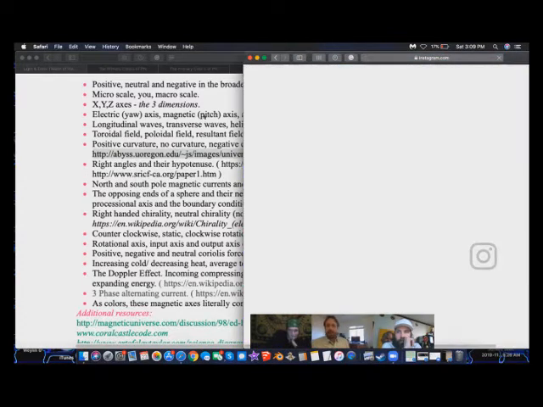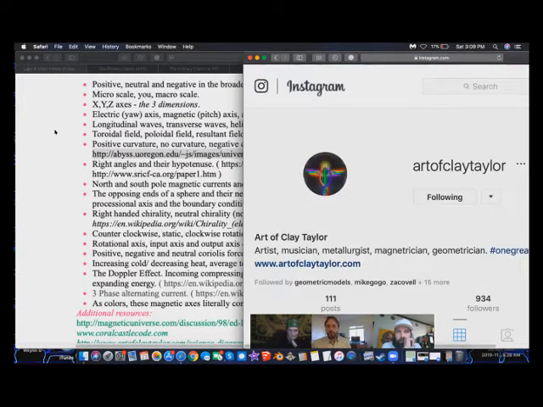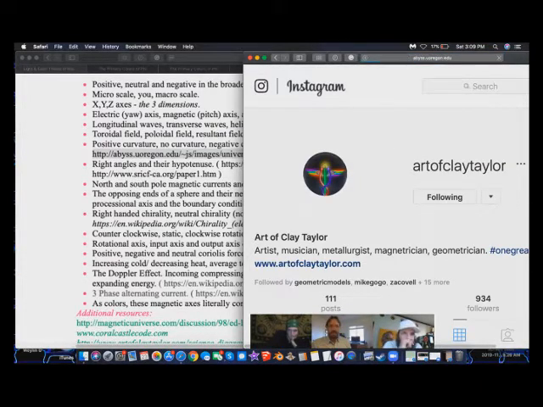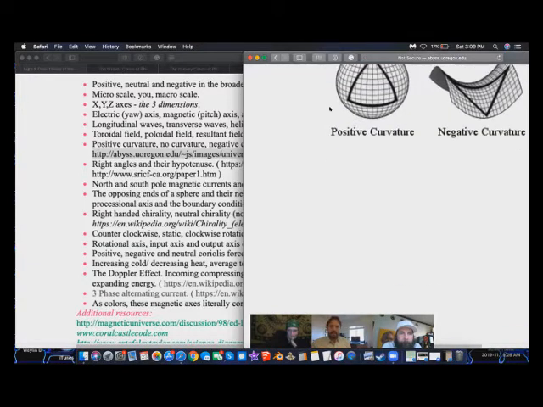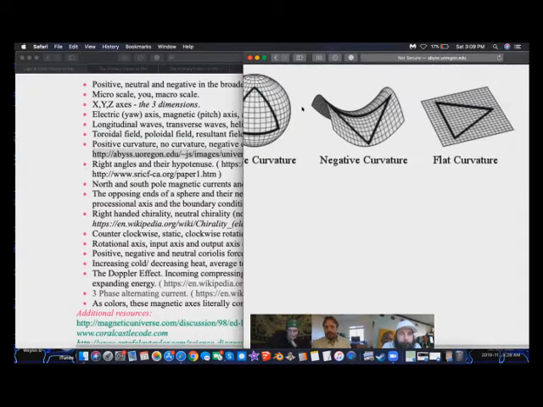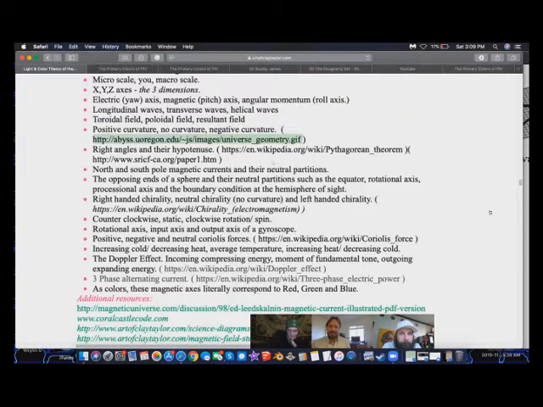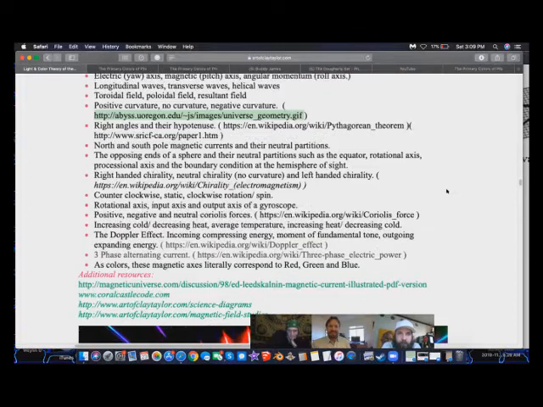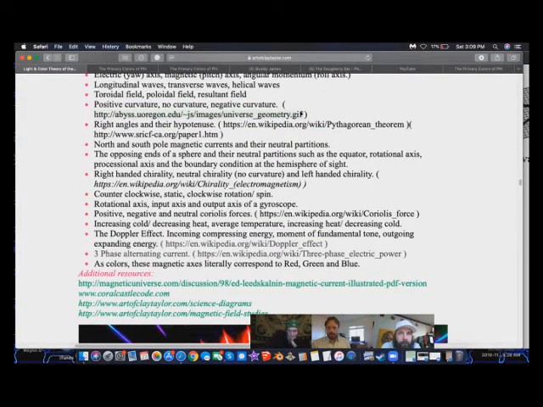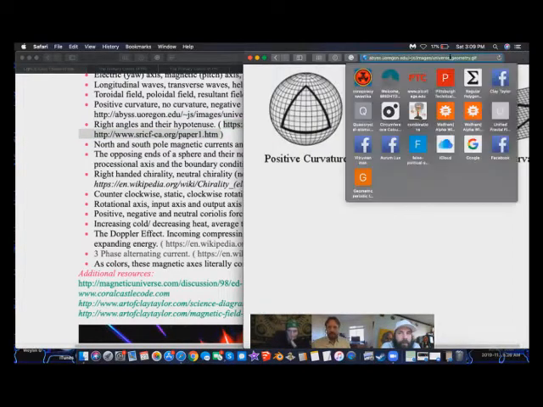If we're talking about centrifugal force, we're talking about the yaw axis, the pitch axis, the roll axis, positive curvature, negative curvature, flat curvature, right angles, their hypotenuse, north and south pole, magnetic currents, neutral partitions. There's so many ways to look at it, but these are all the three things. I always would just break it down like fundamental triangulation, but that appears out of everything that has to do with energy and dimension.